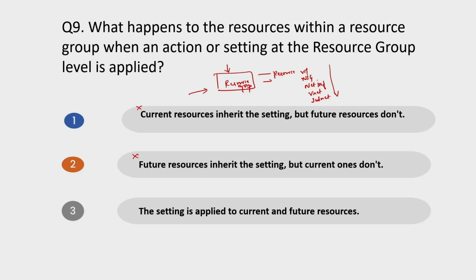Even if you are deploying any resources inside the same resource group, the setting will be applied. So let us say you have created a storage account in the same resource group. The setting whatever you have applied on the resource group is also going to take place for the storage account. So this will be the right answer.